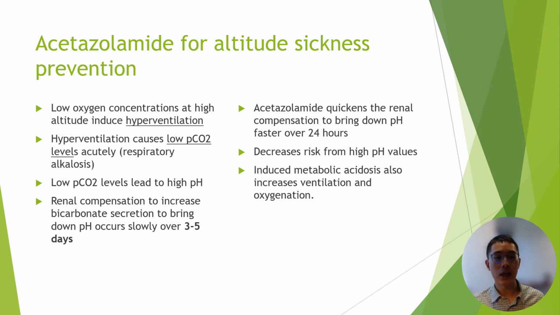Acetazolamide induces a metabolic acidosis by getting rid of bicarbonate so that when you go up to higher altitudes, your pH levels don't rise to levels that will cause you to feel ill. The induced metabolic acidosis is also helpful in that it increases ventilation and oxygenation in the body to compensate for the low oxygen concentrations at high altitude.